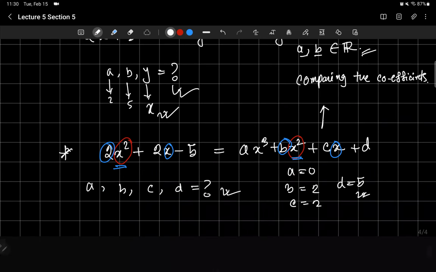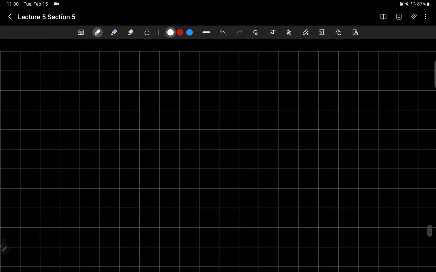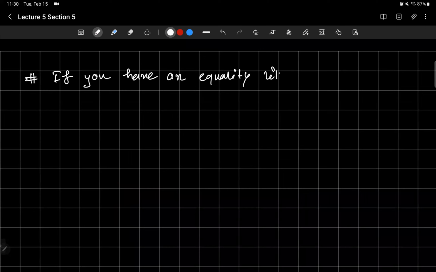And what it really tells you is that if you have an equality like the following, and now I'll write a very general equality. Okay, I shouldn't use the summation notation, that might confuse you, so let me just write it like this.